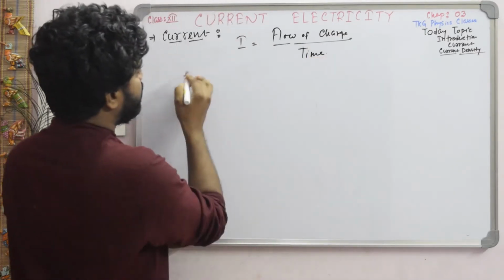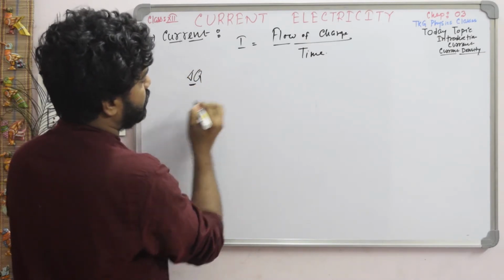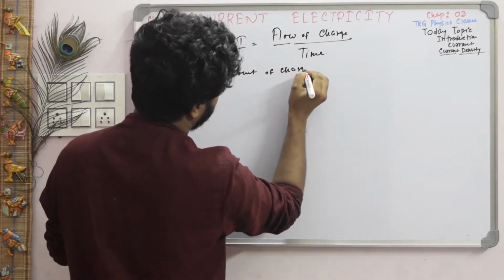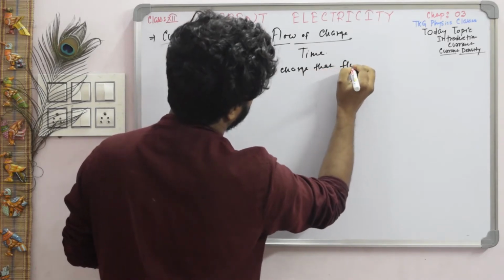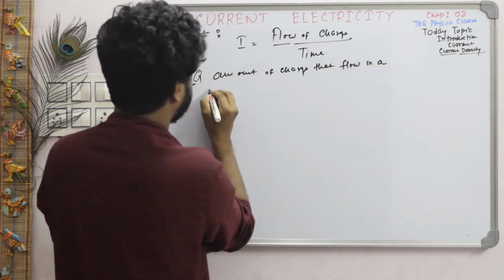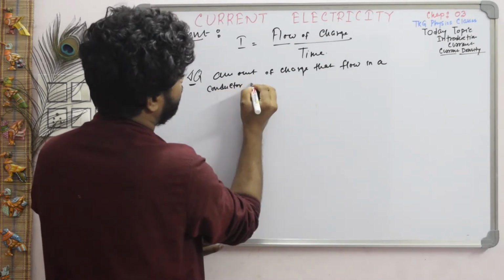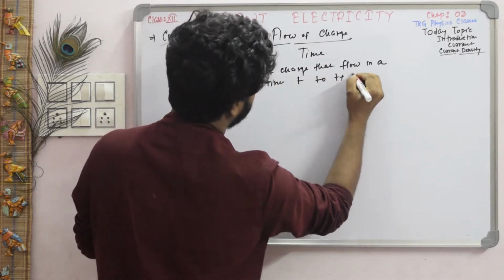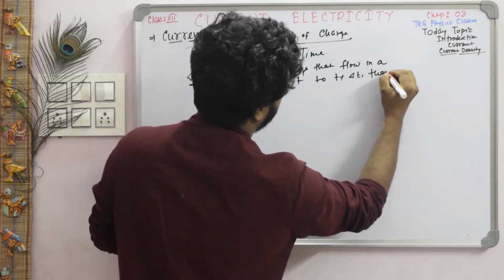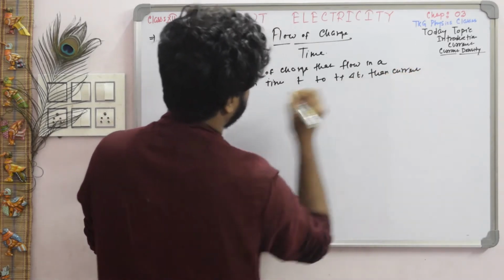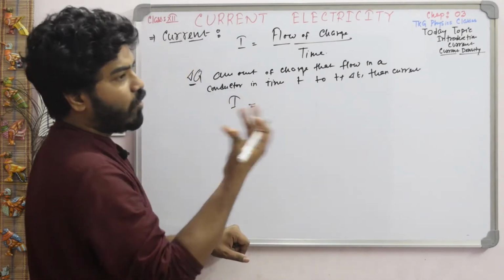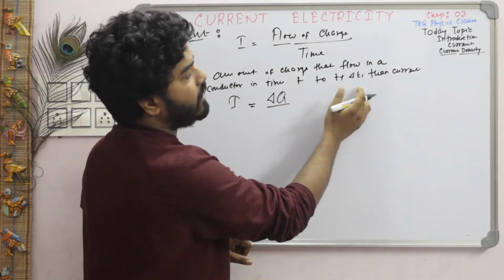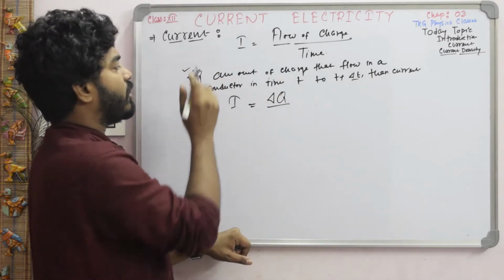That means if we consider del q amount of charge that flows in a conductor in time t to t plus del t, then the current I is represented as the flow of charge, that means del q, in the time interval t to t plus del t, that means in time del t the amount of charge that flows is del q.